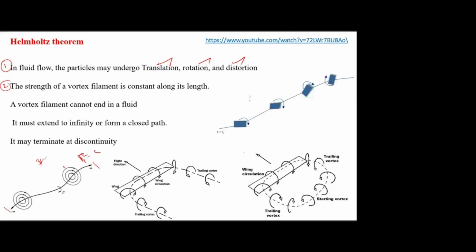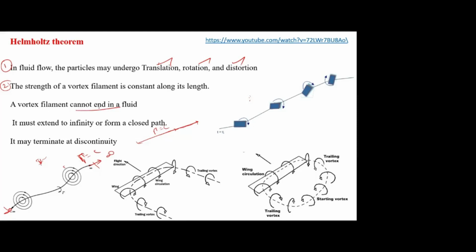Only if the strength is not constant, up to a certain distance it can extend, then it will disappear. But as the strength is constant, it will not disappear, so it will not end in a fluid.